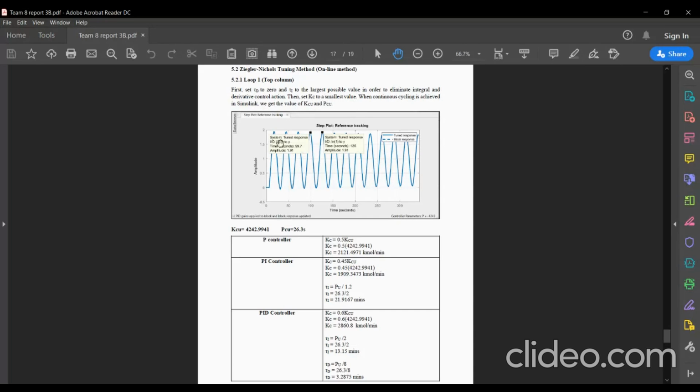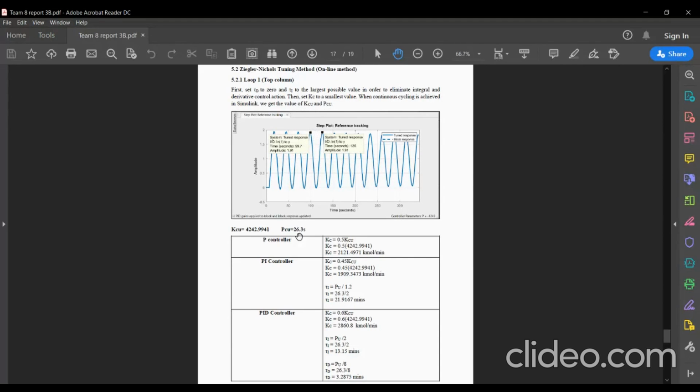Continuous cycling refers to sustained oscillations with a constant amplitude. So this is the continuous cycling with constant amplitude. When continuous cycling is achieved in the Simulink, we can get the KCU and also the PCU, which is found from the time difference between the amplitudes.